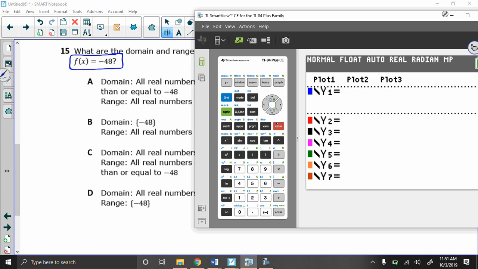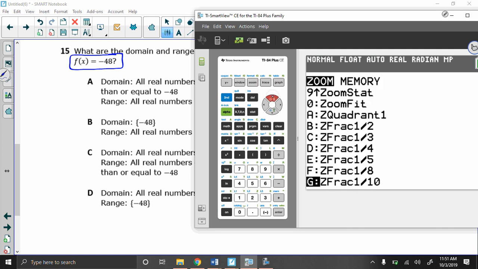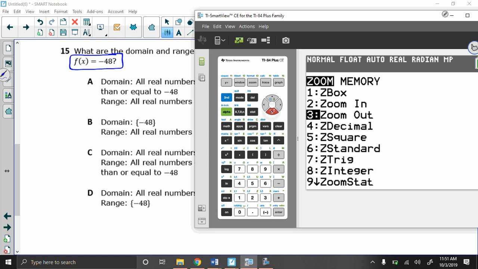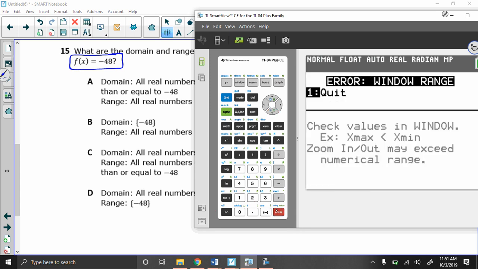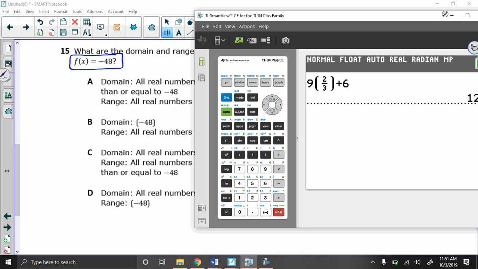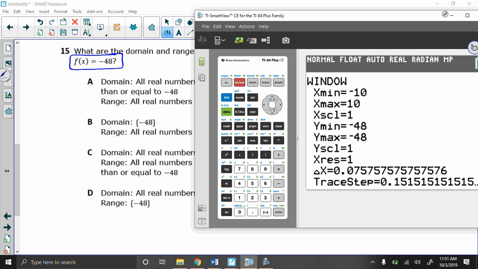I'm going to clear this out and type in -48. And I'm going to go to zoom, zoom fit. I want this to fit in my graph. We're going to figure this out together.